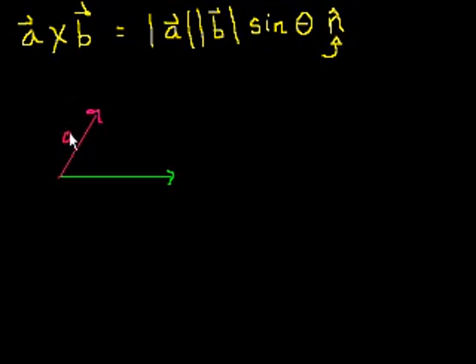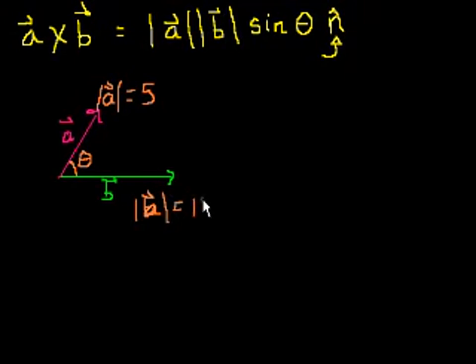So this is vector A. This is B. And then the angle between them is theta. And let's say the magnitude of A is equal to 5. And let's say that the magnitude of B is equal to 10. It looks about double that. I'm just making up the numbers on the fly.